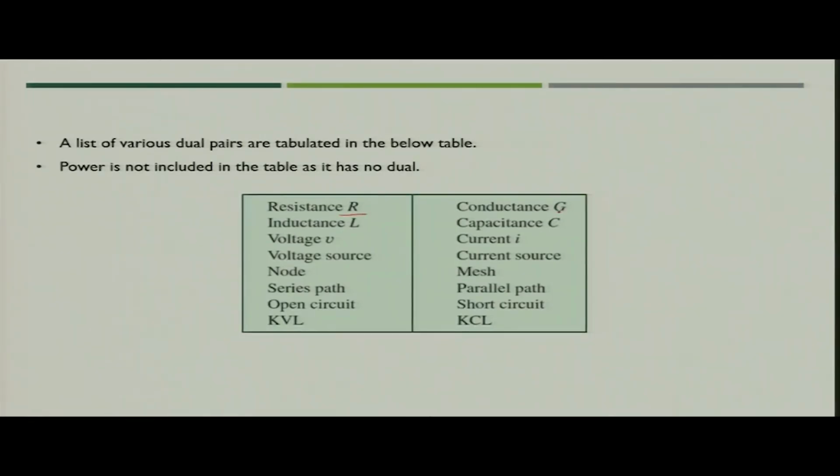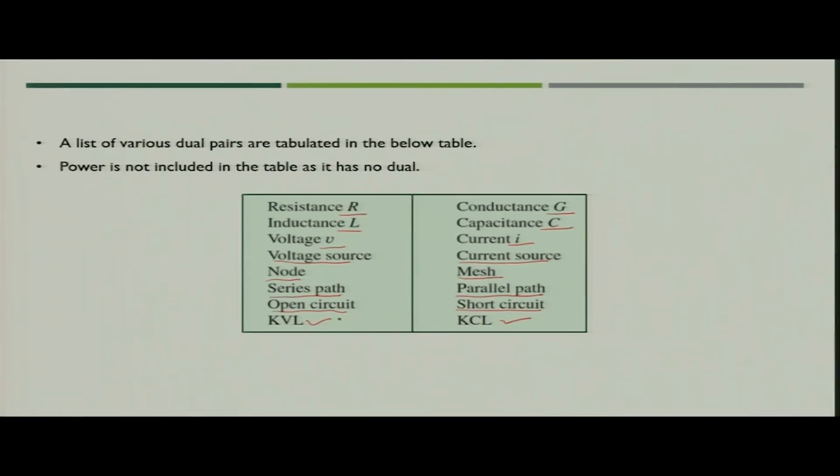Resistance R would be converted into conductance, inductance L would be converted into capacitance, voltage V would be converted into current I, a voltage source would be a current source in its dual circuit, a node would be a mesh in the dual circuit, a series path would be a parallel path, which we have just discussed, open circuit will become short circuit, and KVL would be KCL in case of its dual.